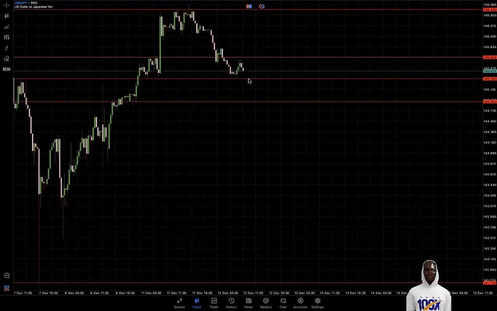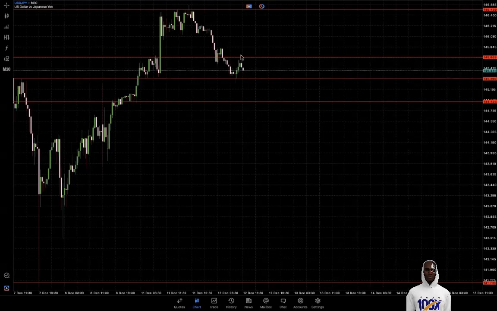But what if it doesn't touch it, and what if it doesn't keep going back up? There's a higher probability that if we set a buy stop order up here, it will most likely buy if the market is going up.